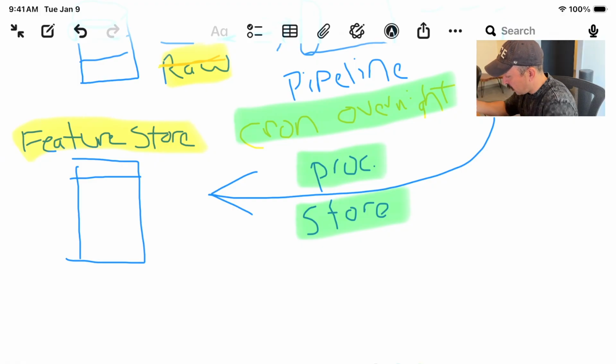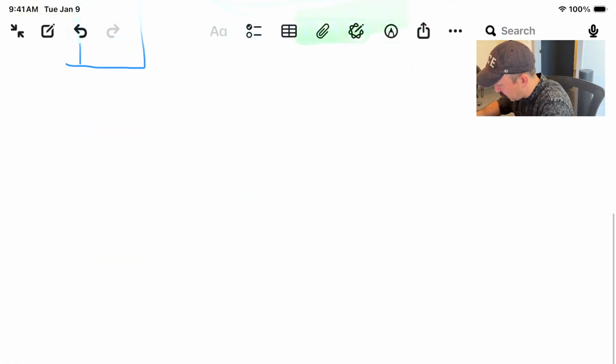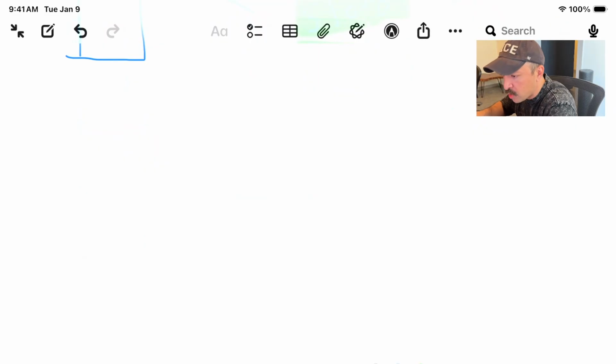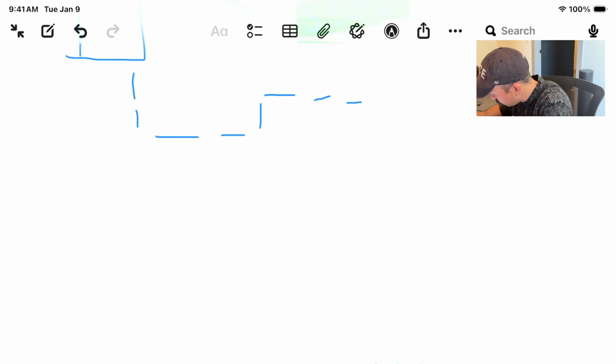Now this is the split. That's why I waited to illustrate this portion, because we start splitting off into two. Sorry, I'm breaking this out way too much. This is batch retrieval, and we'll get to that in a second.